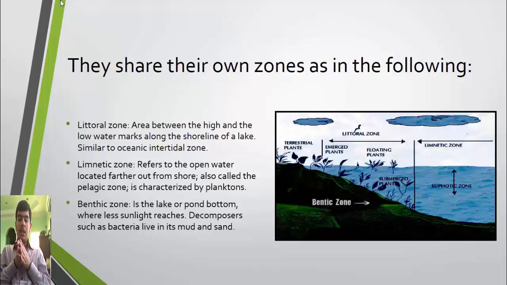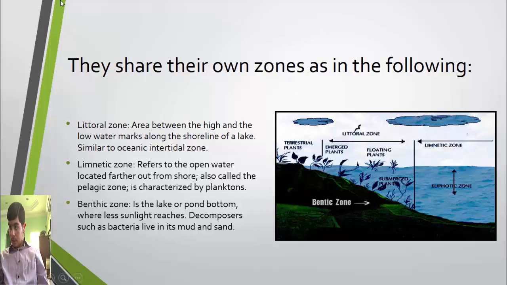Limnetic is the length. It's similar to math, geometry: width, length, height. So you go here and you'll see water all around. That's the limnetic zone. The benthic zone is way under those three. Actually, there are four zones, but here it shows three, according to the book.